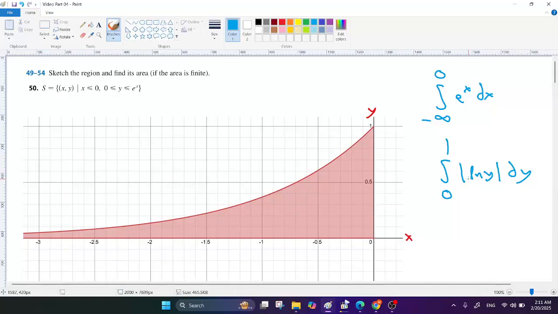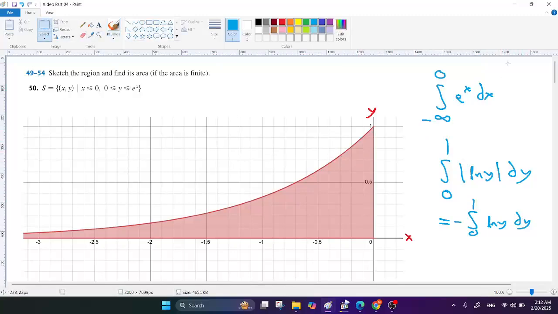So you need to be careful. And this equals minus integral 0 to 1 ln y, because ln y is negative between 0 and 1. To make it positive, multiply by minus 1 and remove the absolute value. So we can solve this problem using these two ways.